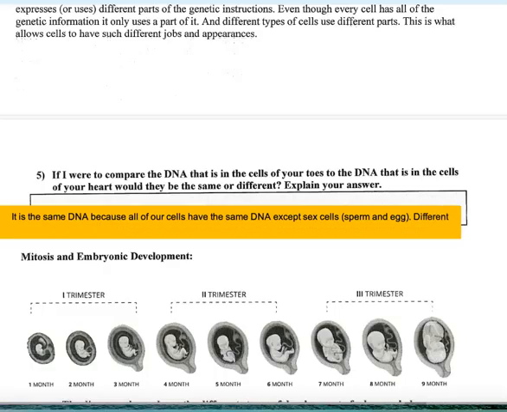Different parts of DNA are turned on depending on where it is located in the body.